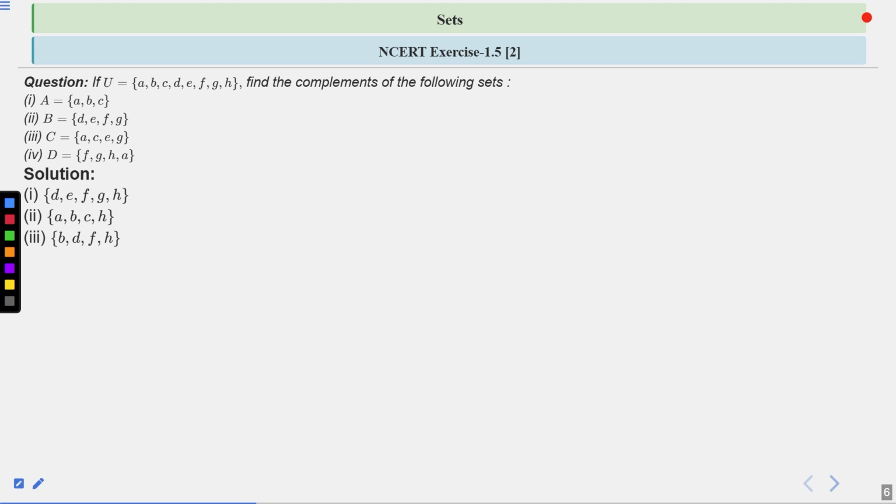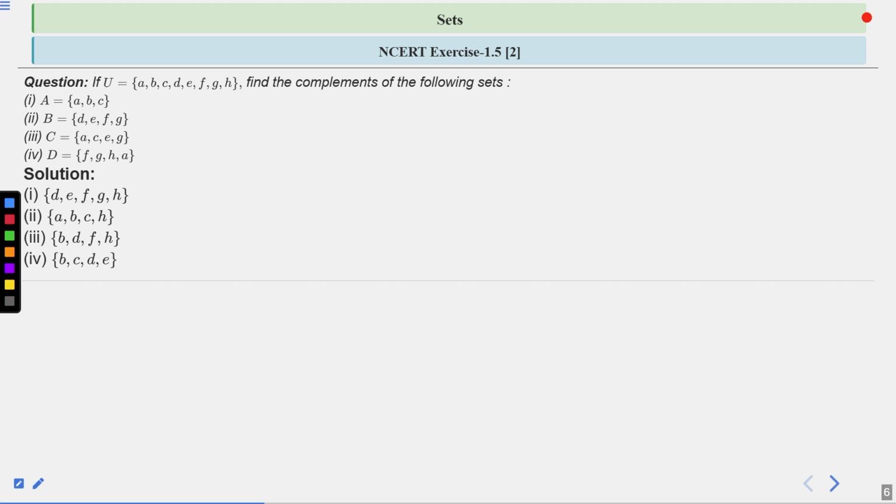Now, third, if C is your set with 4 elements A, C, E, G, then C complement will be very simple. Eliminate these 4 elements A, C, E, G from the universal set. You are left with these 4 elements B, D, F, H. So the collection of these 4 will be your C complement. Clear?